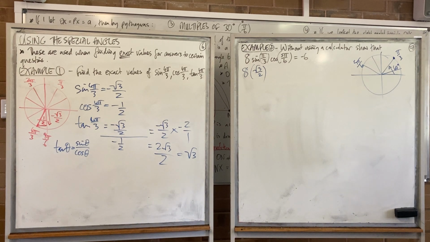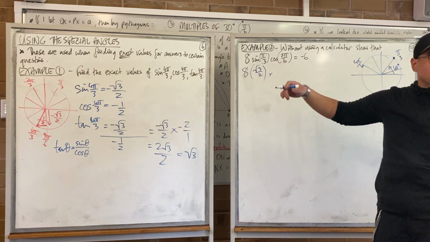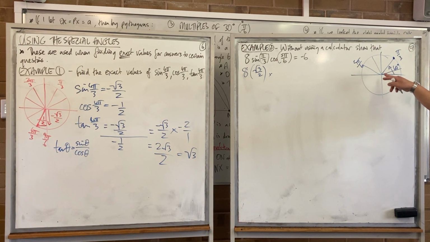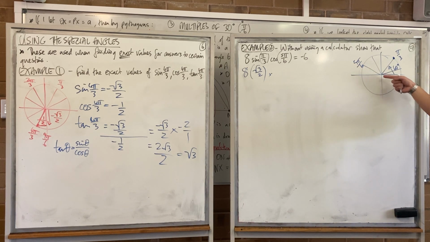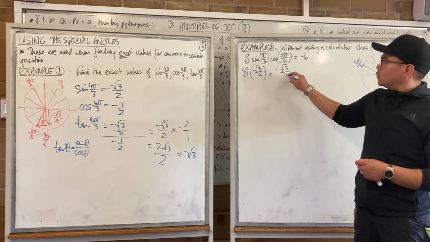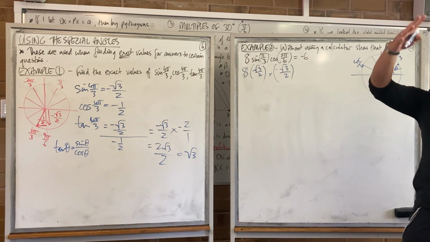Times by, what's the sign when I don't write it in algebra? Multiplication. Cosine is how far left and right I've gone. So 5 pi on 6 is the longer one, and it's gone left, so is it negative? Negative root 3 over 2. I don't know what it equals, but if it equals negative 6, then I've proven my argument.